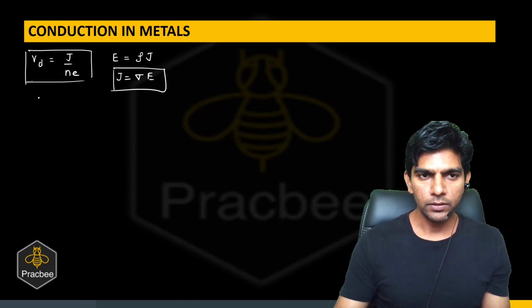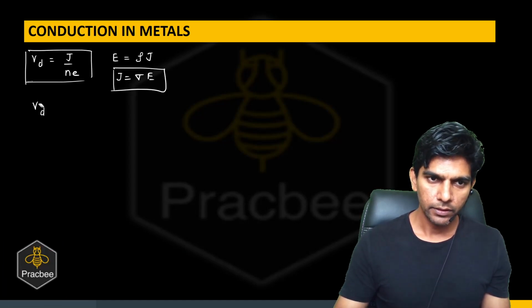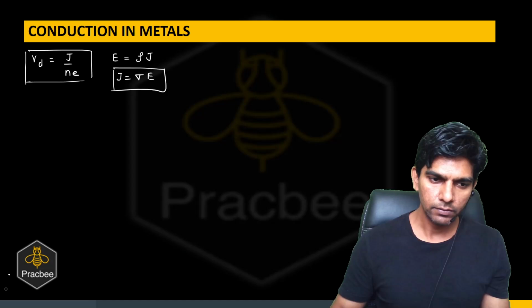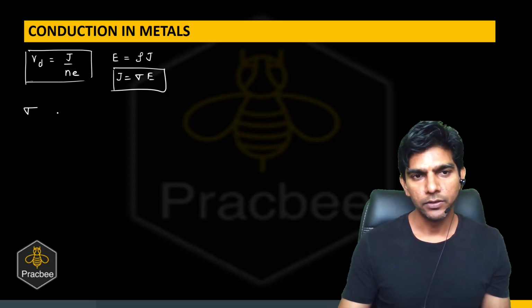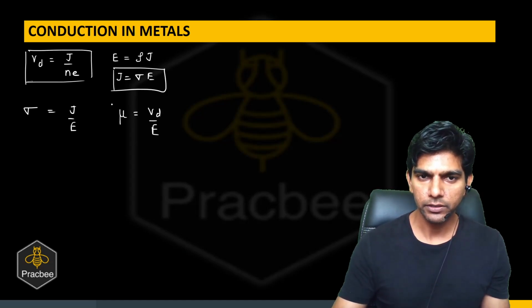Here I want to find the value of sigma. Now sigma is J upon E. And we know one more formula, which is the mobility of the charge carrier, which is drift velocity per unit electric field.